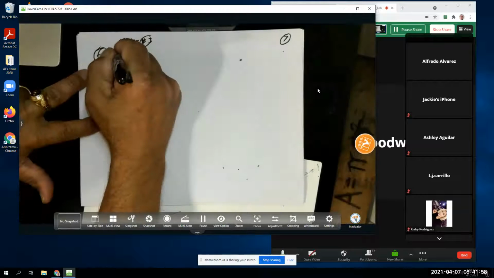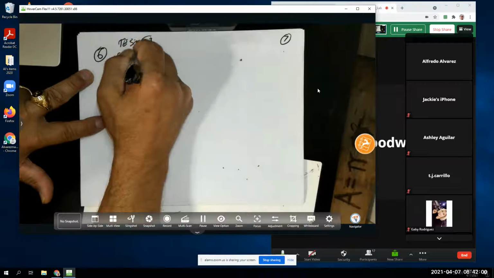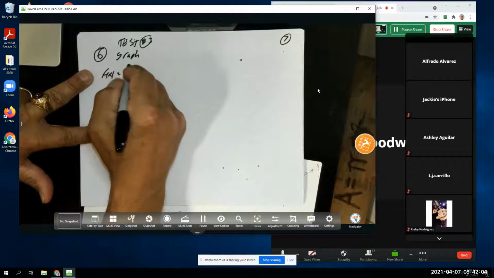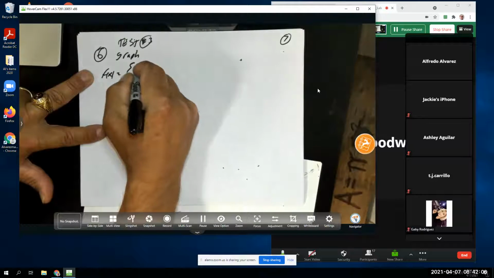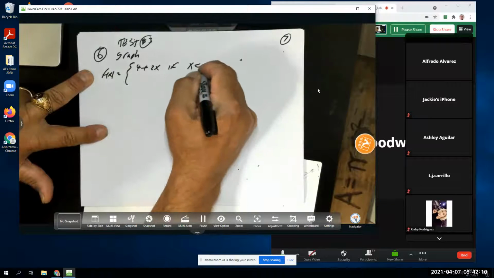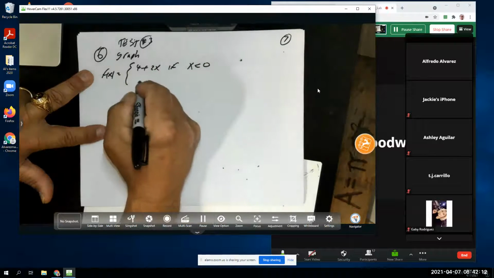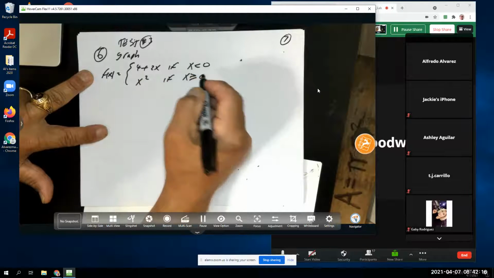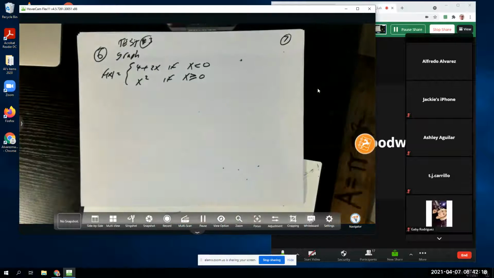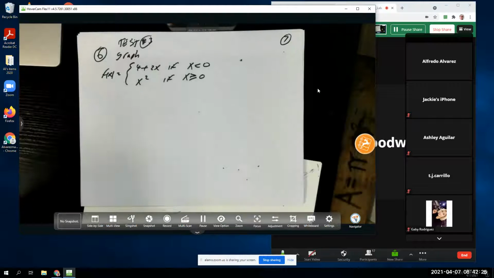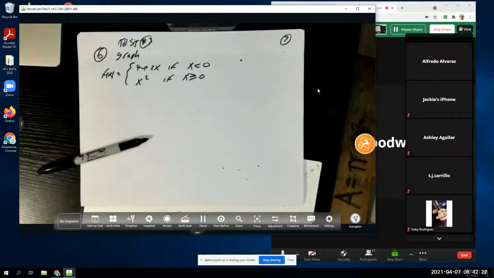So we're going to have to do this in the calculator, of course. f of x is 4 plus 2x if x is less than 0, and it's x squared if x is bigger than or equal to 0. Let me show you how to do it on the calculator. Let me get my machine.